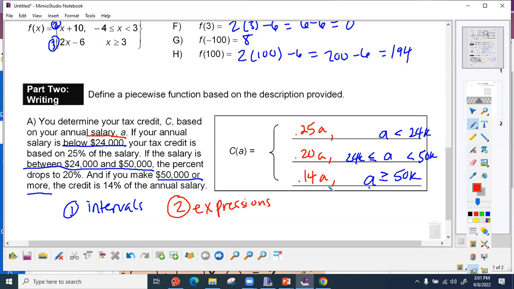Which expression would you use? The one with 20%, exactly. After you write it, can you now use it? That would be the extension of it. So I need to make sure you can evaluate before I have you create, then evaluate.